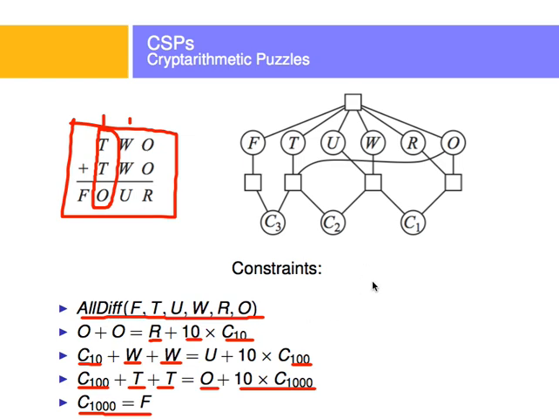Here I'm not doing it in the form of scope, comma, relationships. I'm just doing the relationships, and the scope is the variables involved here. So for example, the scope of this constraint would be the values O and R. And then I introduce this C10.